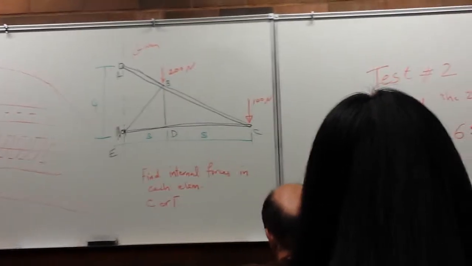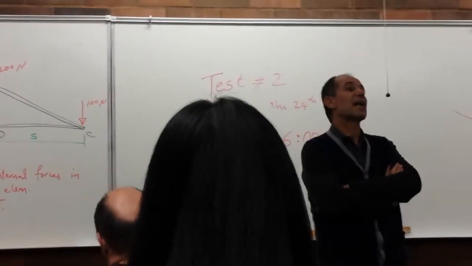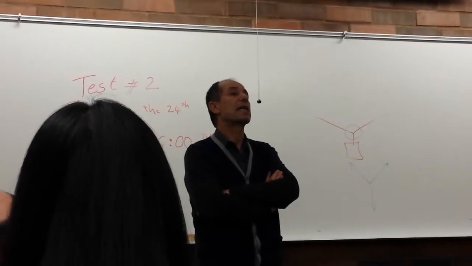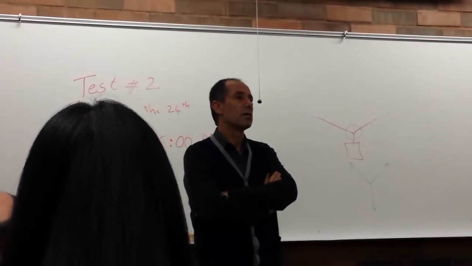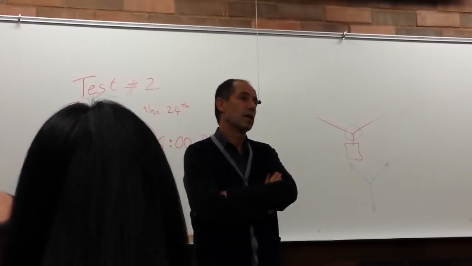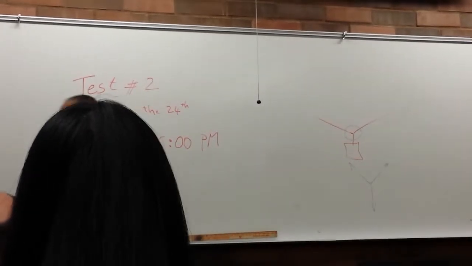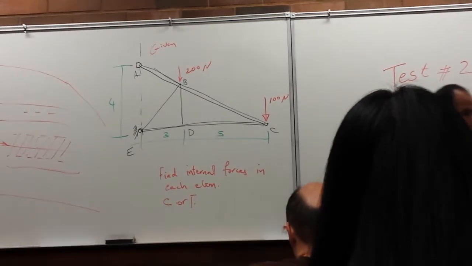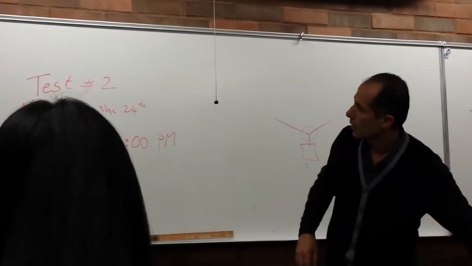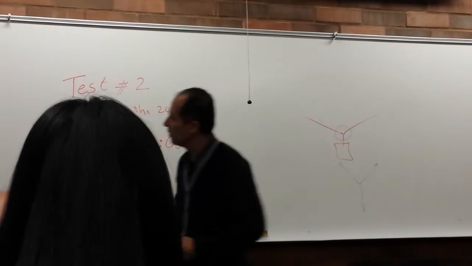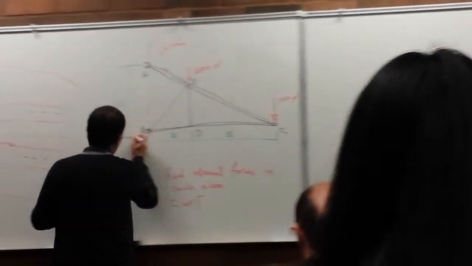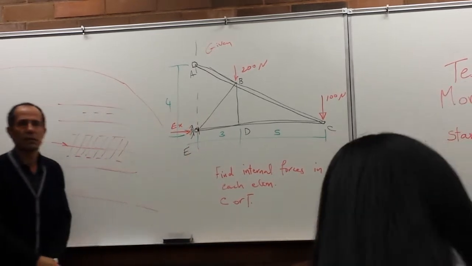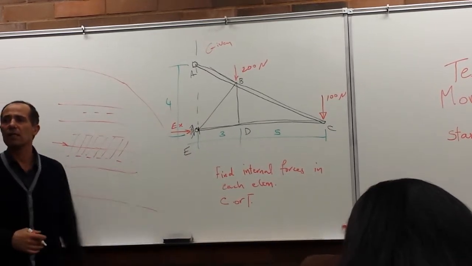The method of joints tells you to start with the joint that has maximum 2 unknowns and move. So I can assume that this truss has this reaction here, EX only.